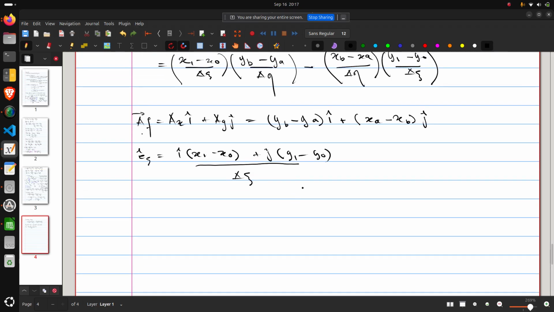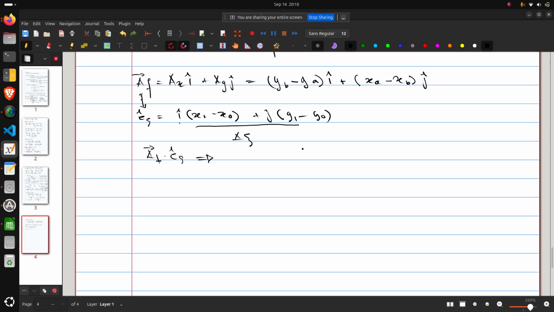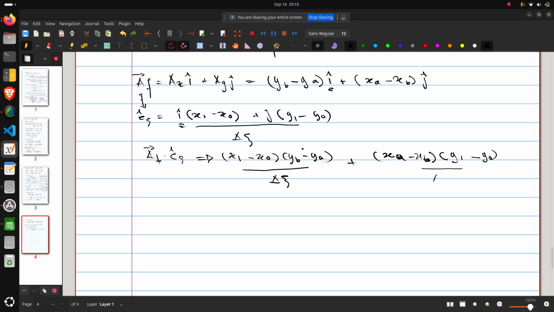Now, if you do a dot product of these two terms, the area vector and E cap psi, the i cap terms will get multiplied with each other, which will give us x1 minus x naught times yb minus ya divided by delta psi, plus xa minus xb times y1 minus y naught by delta psi.